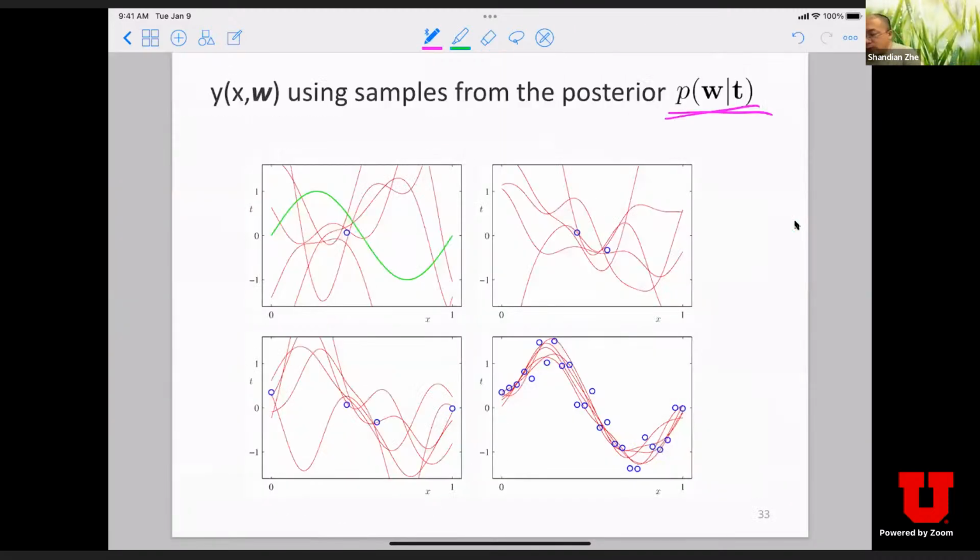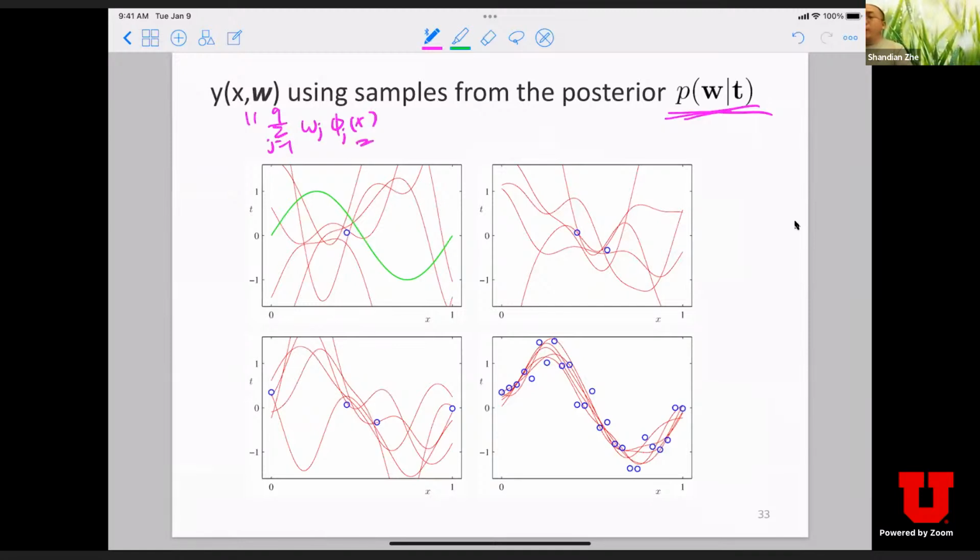At the beginning, if you only have one data point, you can imagine your posterior distribution of the weights is kind of wide. There is still a lot of uncertainty about the values of W. So if you sample weights from your current posterior and construct your curve, it is a sum over j of W_j times phi_j(x), where phi_j is a Gaussian basis.